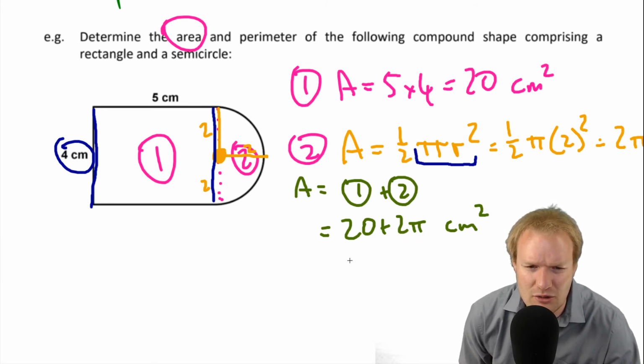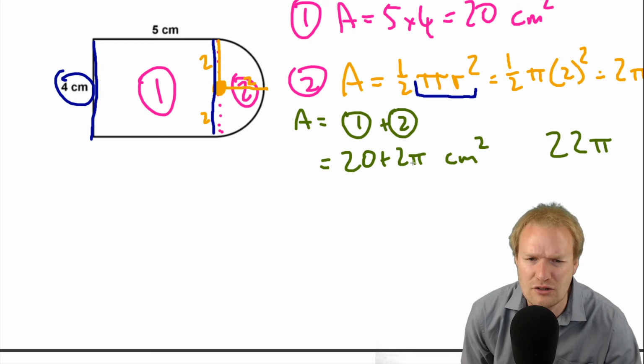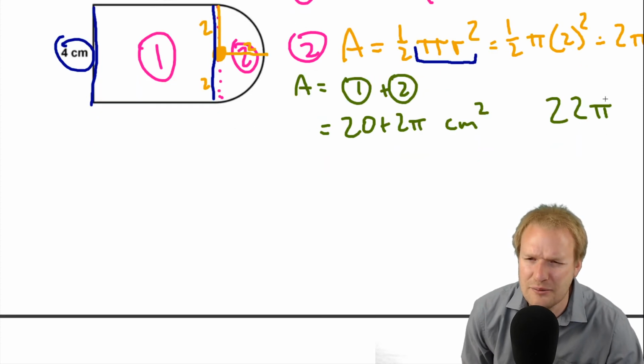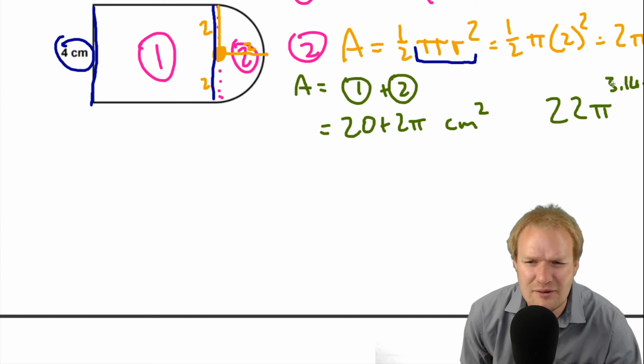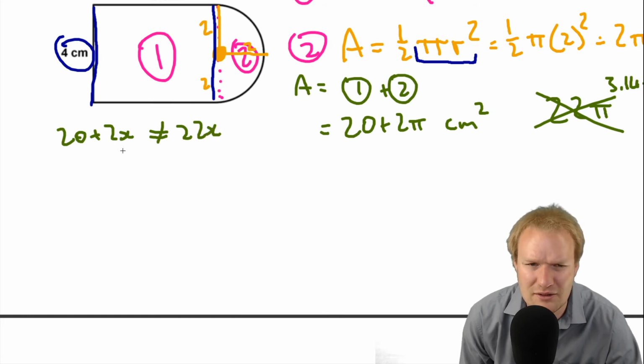If you're tempted to say that's the same as 22 pi, look: pi is 3 point 1 4, whatever it is, so 22 times 3 would be 66, 67. Clearly they're not the same. So we can't add those, just like you couldn't say 20 plus 2x is equal to 22x. You can't just add them, they're different things.